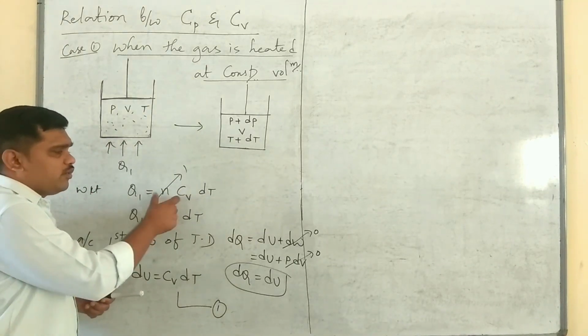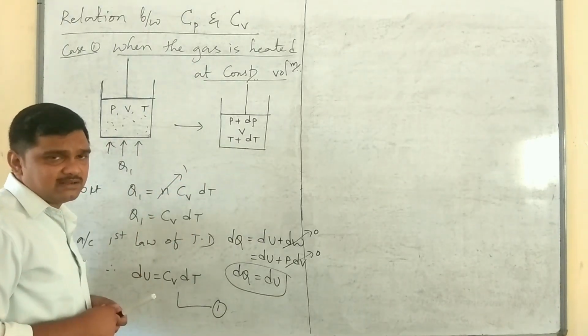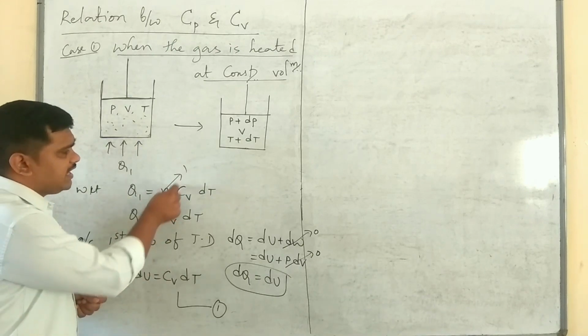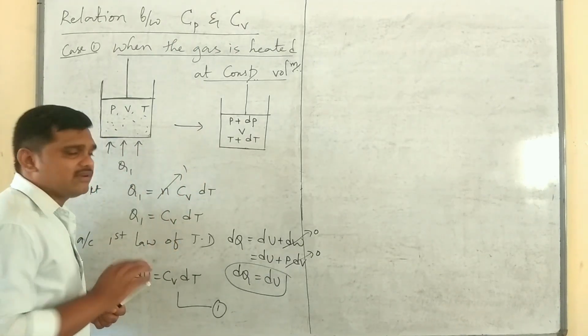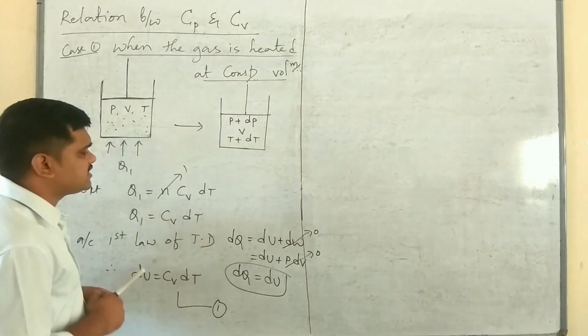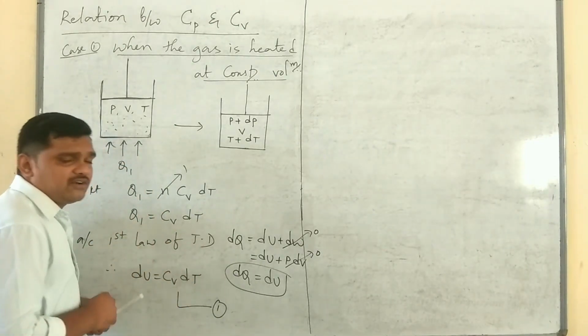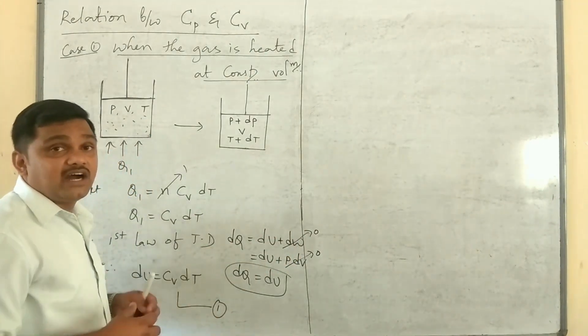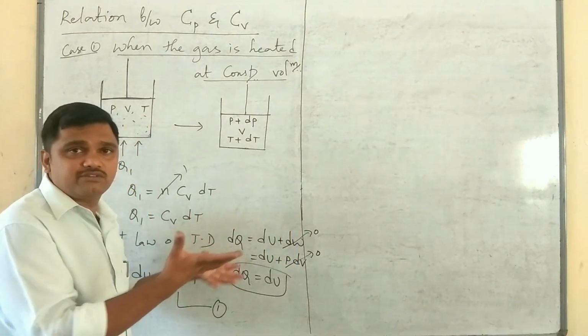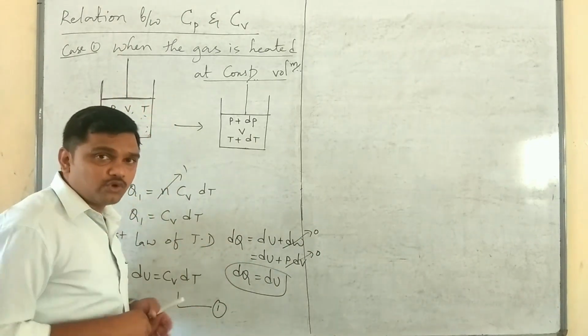Therefore, in place of Q, we can write n CV dT. Since n is 1 mole, we can cancel this n. Next, according to the first law of thermodynamics, dQ is equal to dU plus dW. The total amount of heat we have supplied to the system will be utilized in 2 ways.